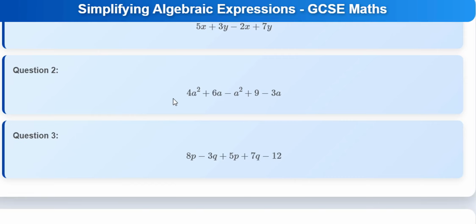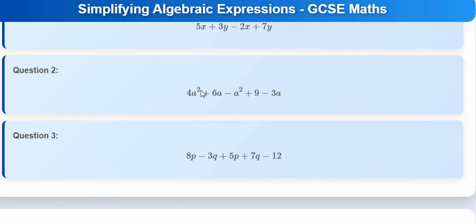Let us try another example. Here we have 4a squared plus 6a minus a squared plus 9 minus 3a. Here, a is the only variable we have, but some instances of this a are squared.